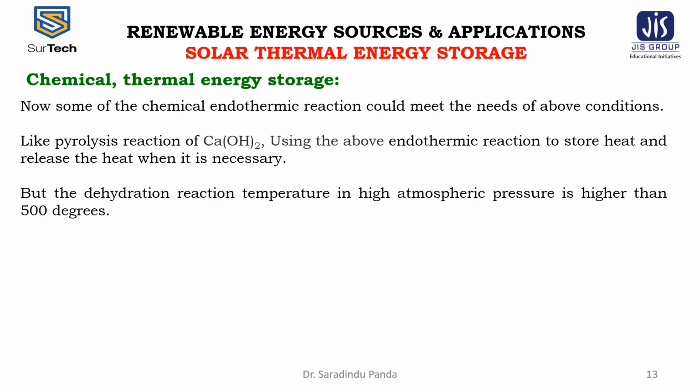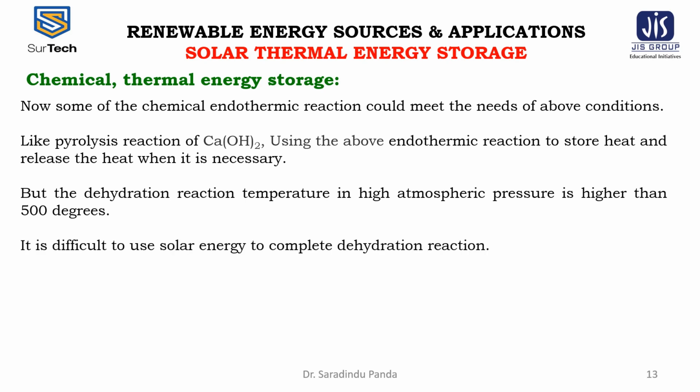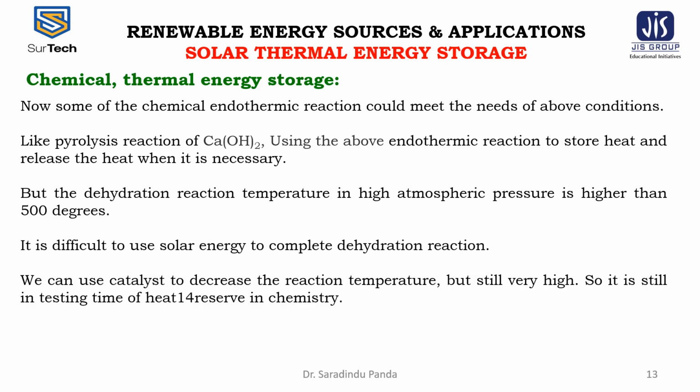But the dehydration reaction temperature at high atmospheric pressure is higher than 500 degrees centigrade. It is difficult to use solar energy to complete the dehydration reaction, so we can use a catalyst to decrease the reaction temperature, but it is still very high. So it is still in testing time for chemical heat storage.